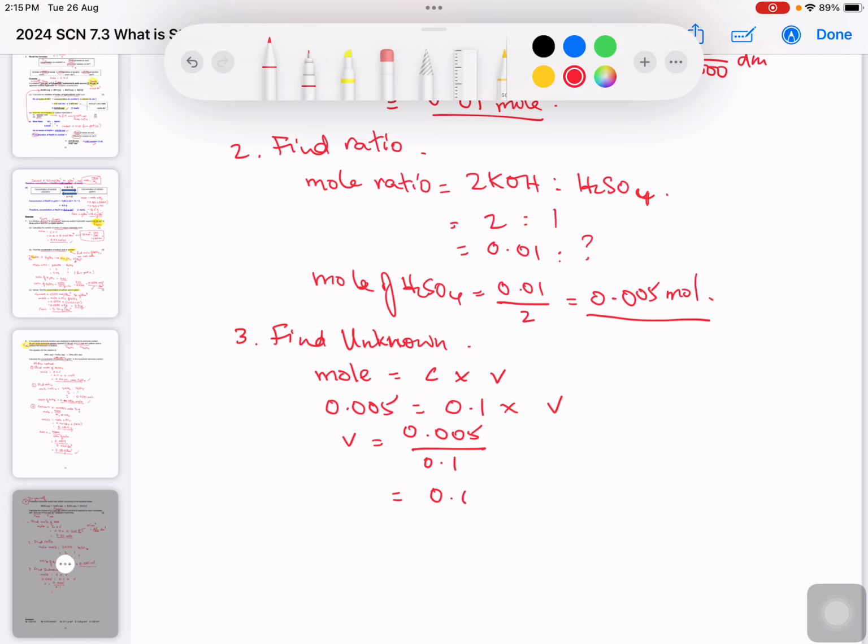This will give us 0.05 dm cubed. So write it out nicely. Volume of H2SO4 equals to 0.05 dm cubed. Is that okay?